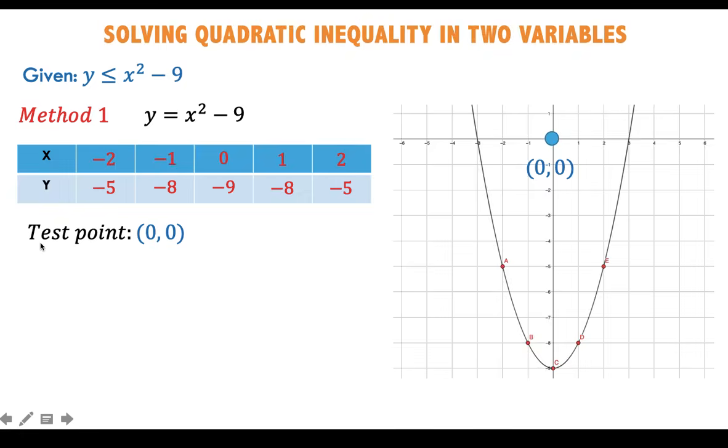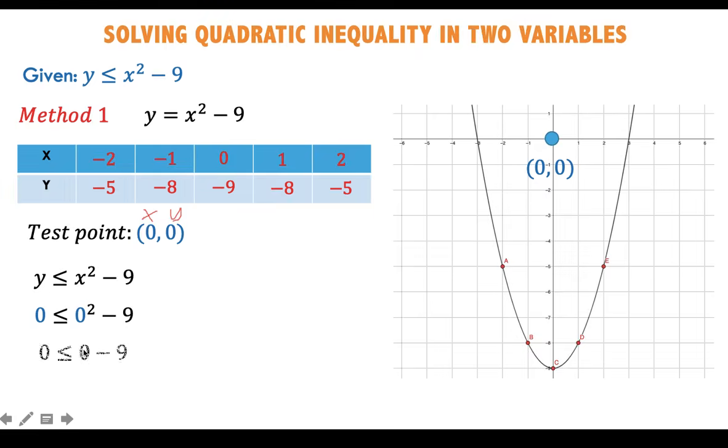All right, let's start. Our test point here is 0, 0. In the coordinates, this is our x coordinate and this is our y coordinate. So the value of x is 0, the value of y is also 0.